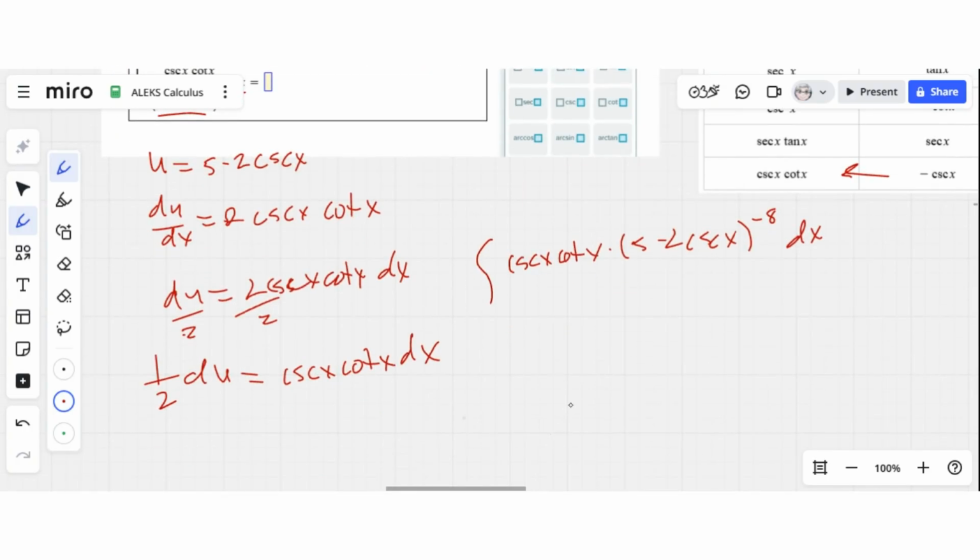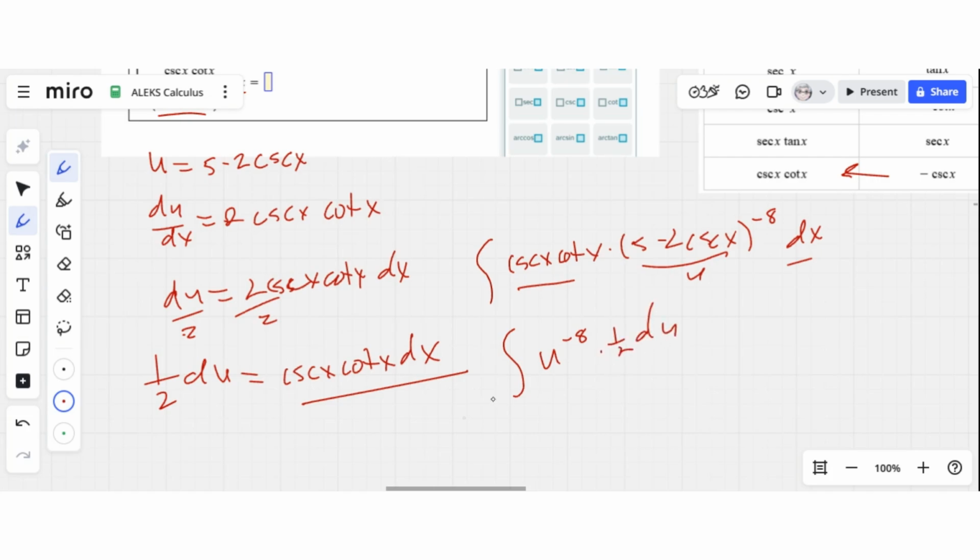Now, when we substitute, u is going to go in here, and all of that stuff is right there. So that's 1/2 du. And this is all multiplied together. So I can just call this u to the negative 8th times 1/2 du.